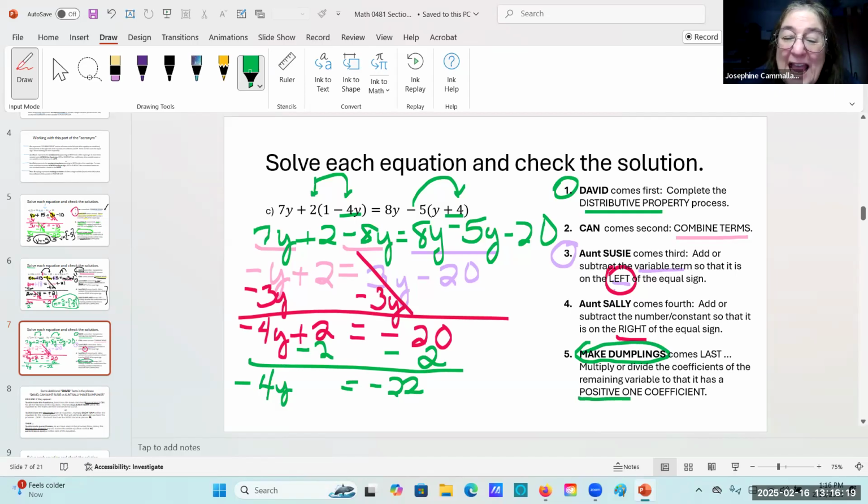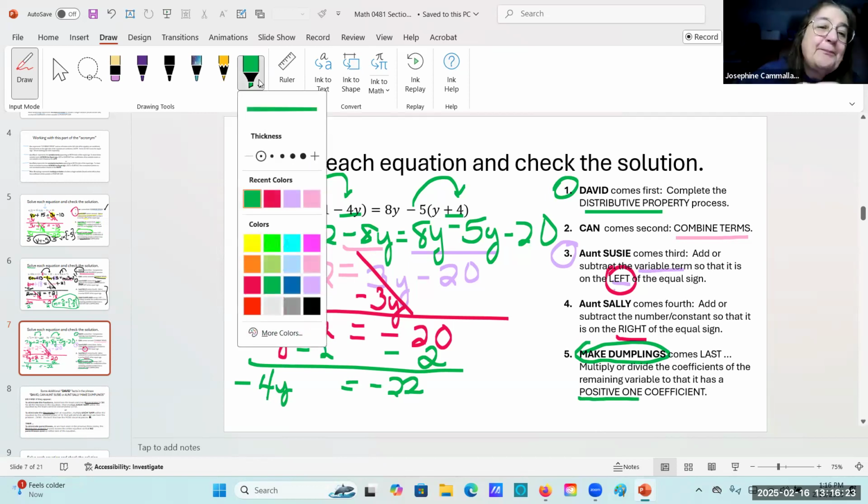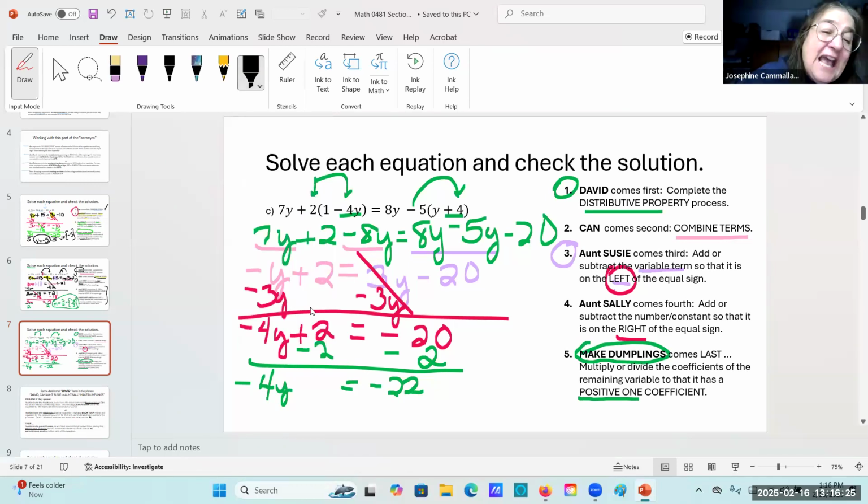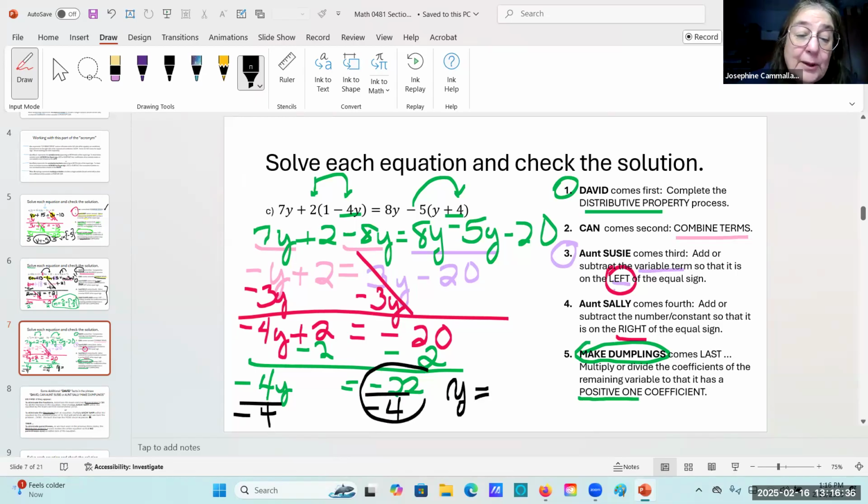But remember, I need a positive 1 coefficient. Well, that means I'm dividing by negative 4. Well, this will give me y. Now, right here, a negative divided by a negative is positive.